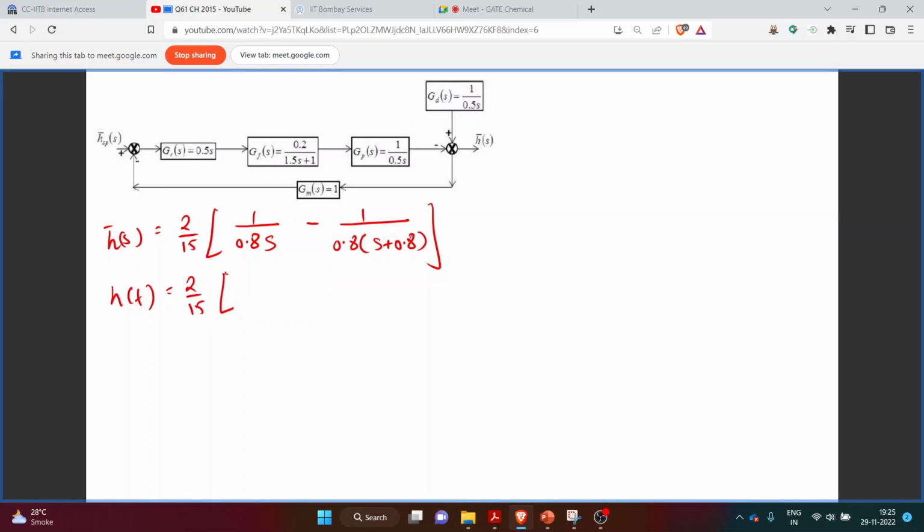Let's simplify this further by taking 0.8 common, so it will become 2 into 15 into 0.8, 1 by s minus 1 upon s plus 0.8, and this will become 1 by 6, 1 upon s.